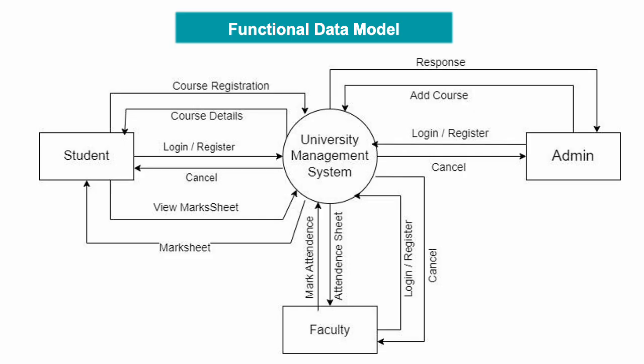Okay, so what is the functional data model? We have core components like entities. We have a student, we have a faculty, we have admin in the university management system. So these four are the entities. And then the processes. So we have login and register, course registration, add course here, and view mark sheet.